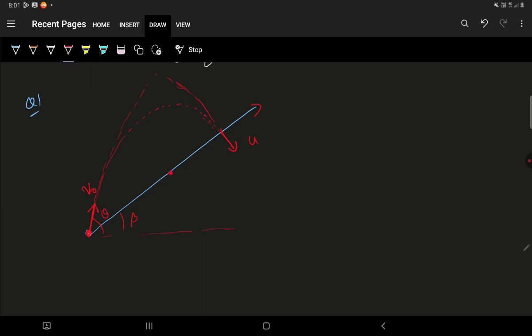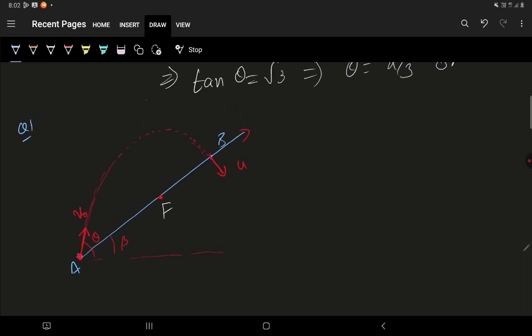The focus of the parabola, that will be f, will be somewhere on the incline, so that v naught square by 2g plus u square by 2g will be maximum. The length is maximum only if the focus is on the inclined plane. Now observe that AB, the point intersecting the incline and the point from which the projectile is being projected, is a focal chord of the parabola, right?